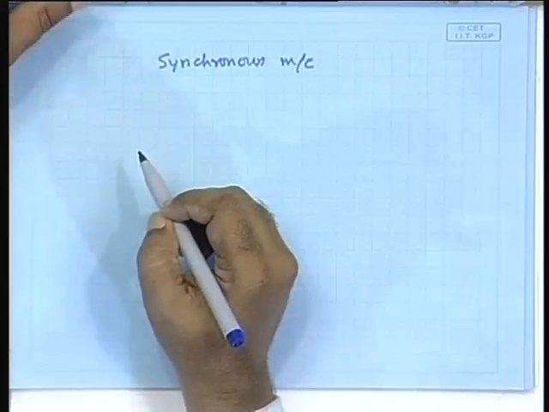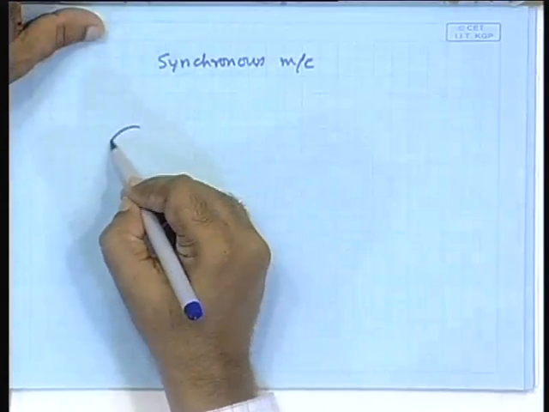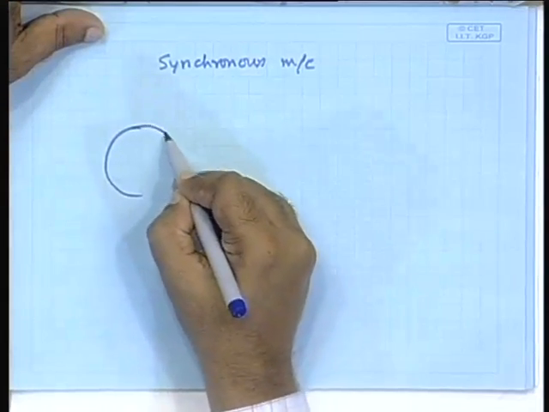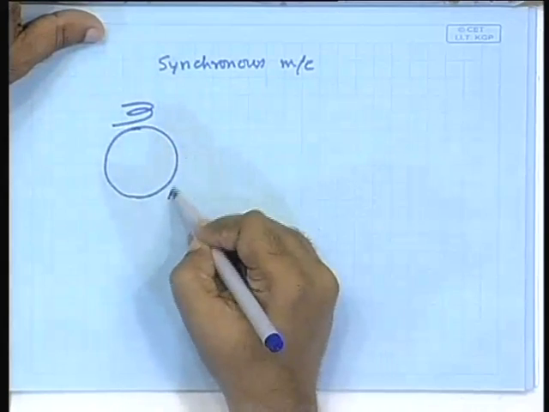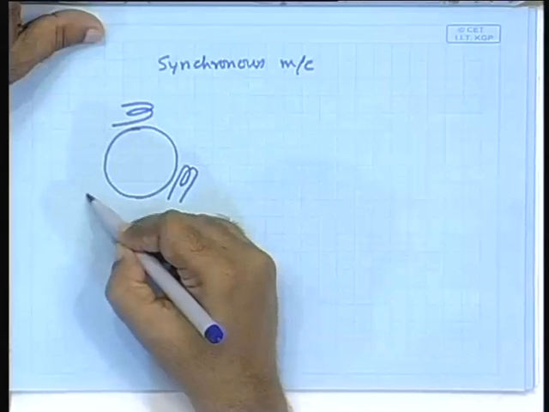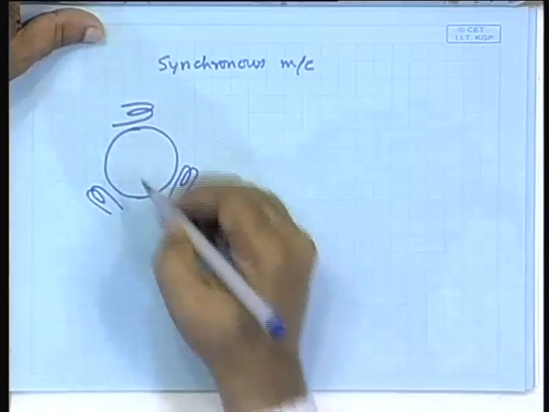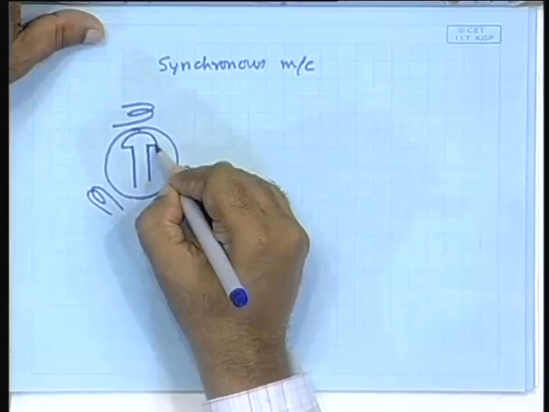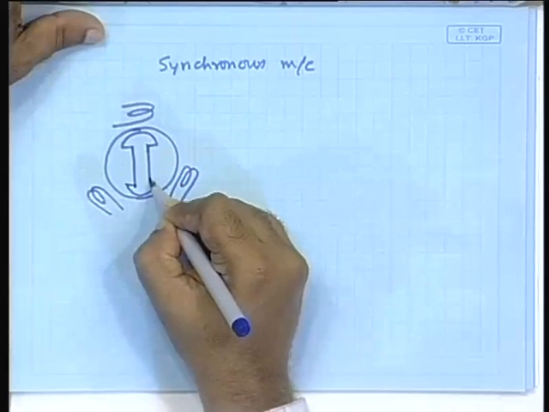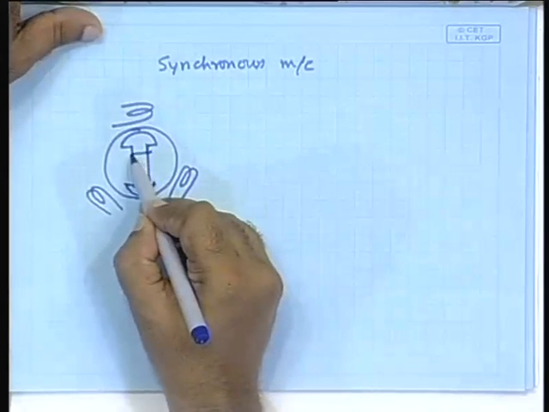I am actually drawing the way it is done. Your stator is almost the same as we have drawn earlier, but the rotor is a magnet, something like this.